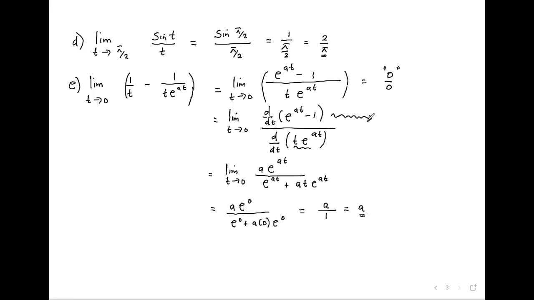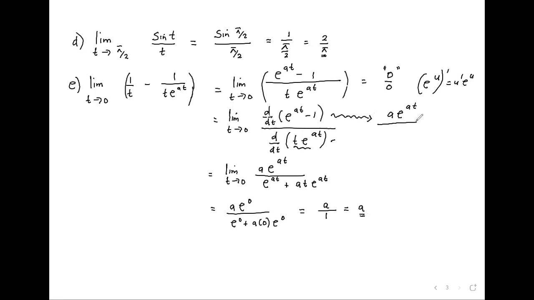When you differentiate this one alone, for e to the power u, the derivative is u' e^u. So we take u to be at. With respect to t, the derivative is a, and then you keep e^(at). The derivative of -1 is 0. So we are done with the numerator.